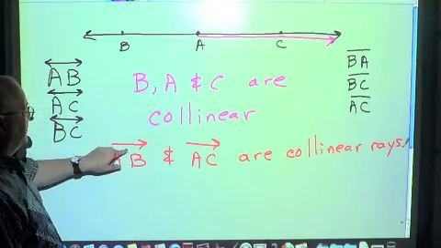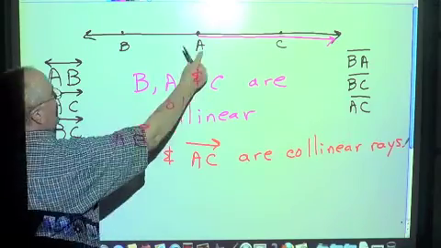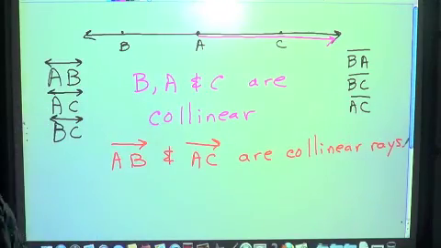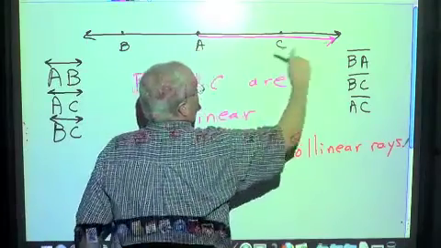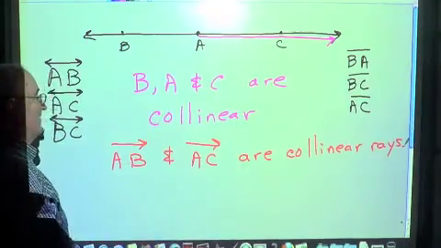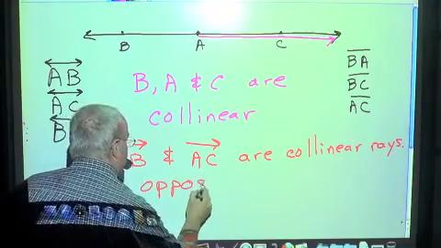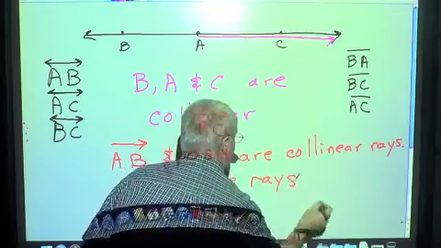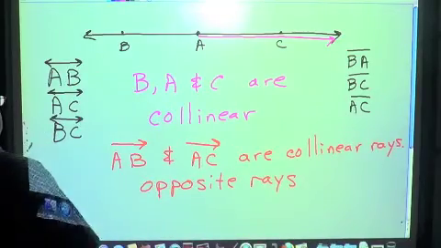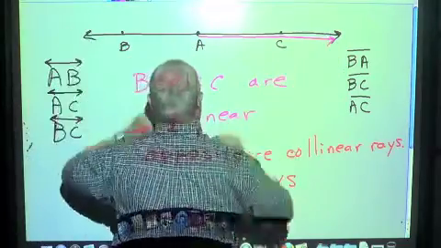They also, even though it's not the way we show it, AB starts here, goes to the left. AC starts in the same place and goes to the right. They are also opposite rays. They go in opposite directions. Okay? Opposite rays make a what?